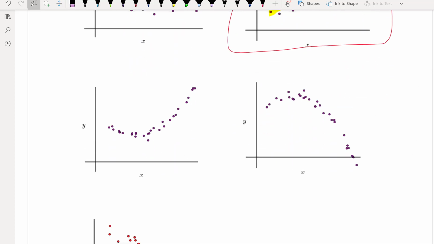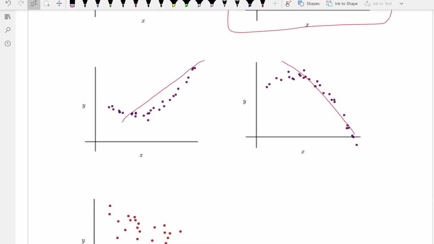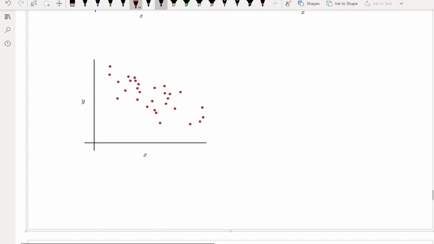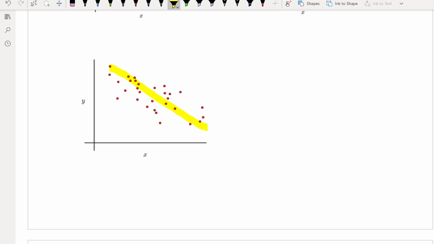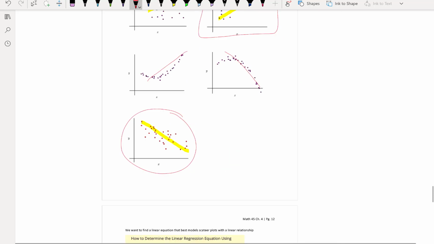And if I were to draw a line here, that doesn't quite work out. If I were to draw a line here, it doesn't quite work out. This is more of a curve. See that curve? And then for this last one, if I were to draw a line, it does hit some of this. So I am going to say that this is going to be okay.